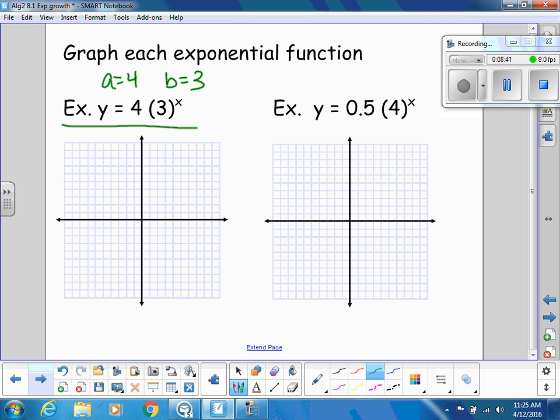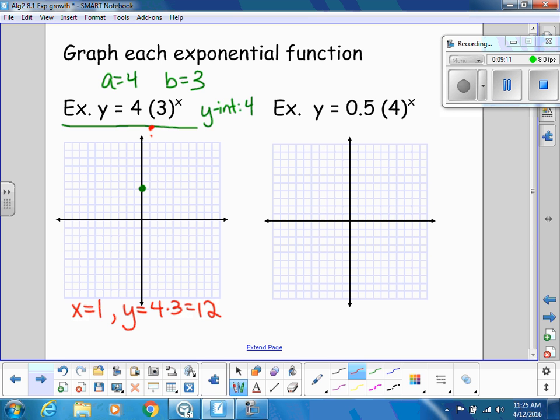And we said that the y-intercept will always be at A. So our y-intercept has to be at positive 4. 1, 2, 3, 4. Okay, and then we said when x equals 1, the y value is always going to be A times B. So that will be 4 times 3, which is 12. So when x equals 1, it's going to be all the way up here off my chart. So we'll call that 12.